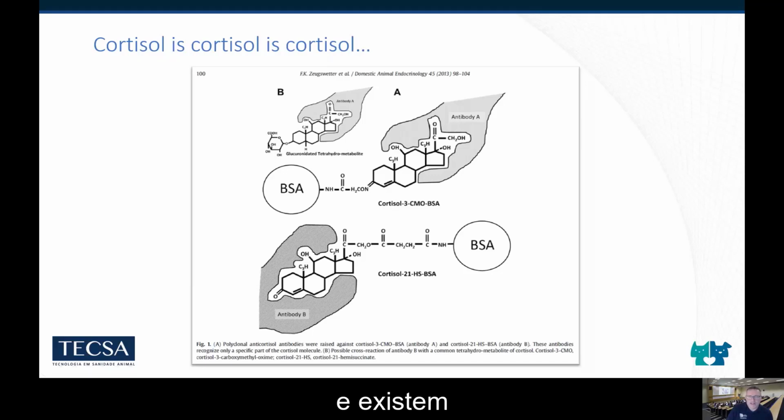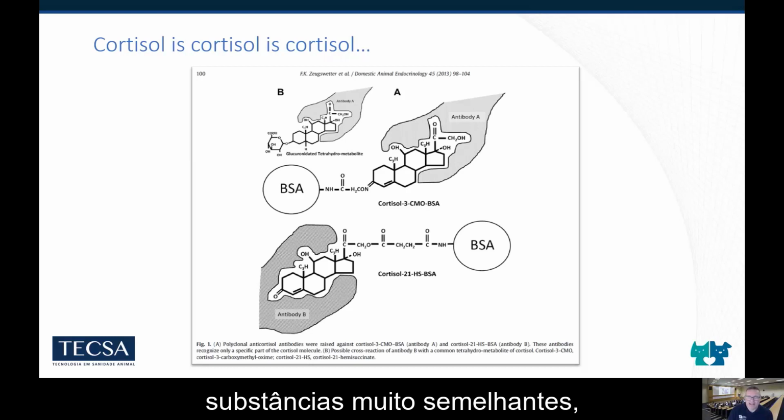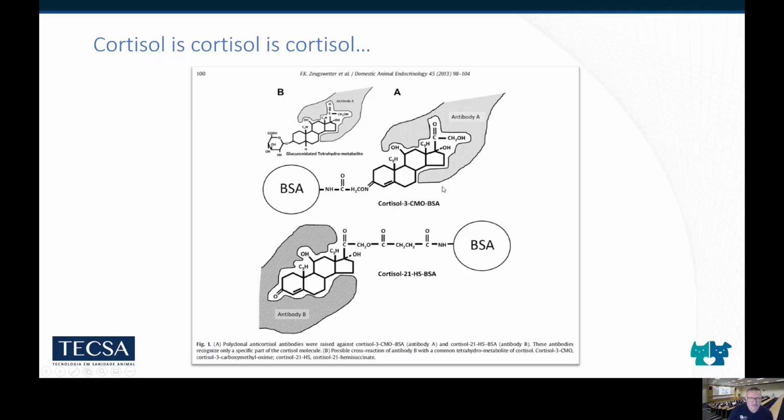Because there are lots of closely related steroids to these, it's possible that one of these antibodies might be more likely to react with those close relatives than the other one is.